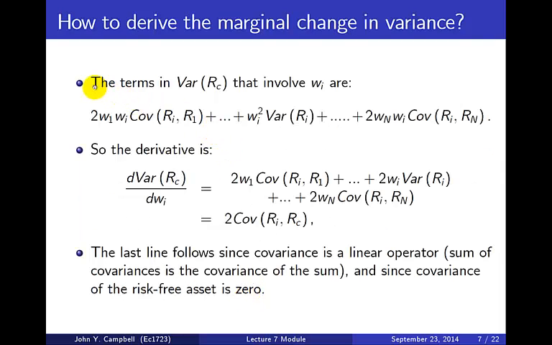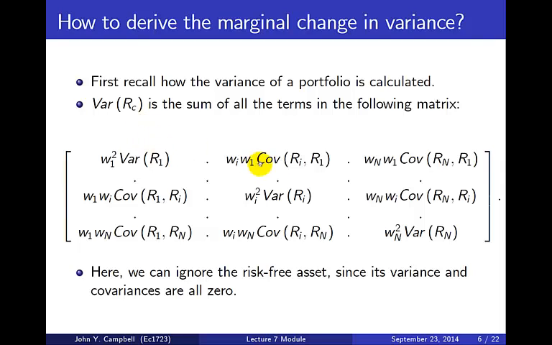All right, now what are the terms in that big matrix that involve Wi? Well, there's 2 times W1 Wi times the covariance of Ri and R1. Why does that show up twice? Well, if we go back, it shows up here in the first row and it shows up here in the first column, so we count it twice.